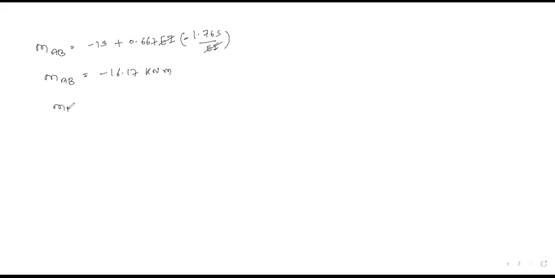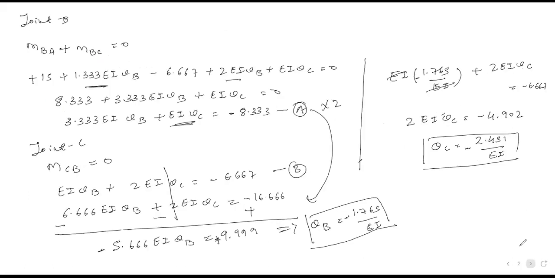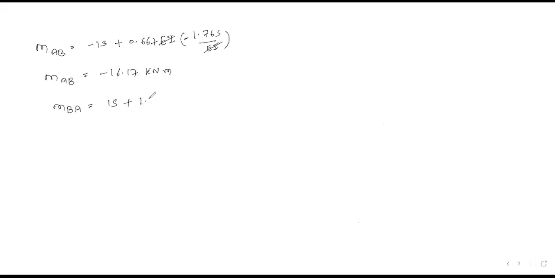Similarly, MBA: plus 15 plus 1.333 EI theta B, 1.333 EI minus 1.765 divided by EI.